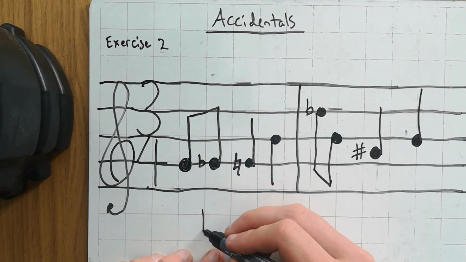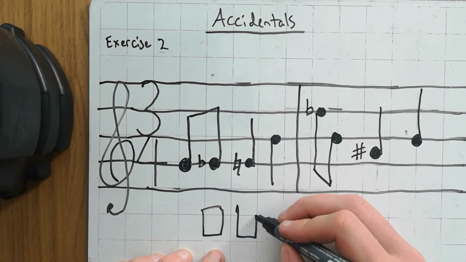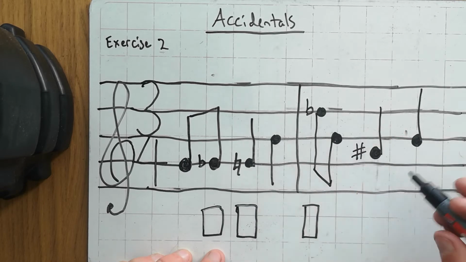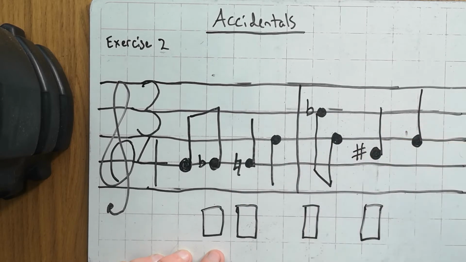Okay, I want you to tell me what this note here is. Second note, third note, this note here, the first note of this bar, and this note here, so these 4 notes. Again, write down what those 4 notes are.